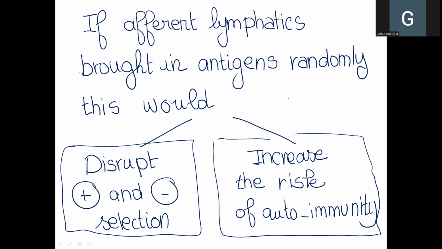When the lymphatics bring in antigens randomly, this will disrupt the positive and negative selection because, as you know, the positive and negative selection is determined according to the behavior of the T lymphocyte receptors, the T cell receptors, towards our self-antigens, which are the MHC1.